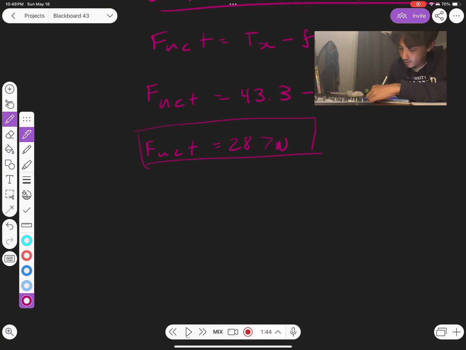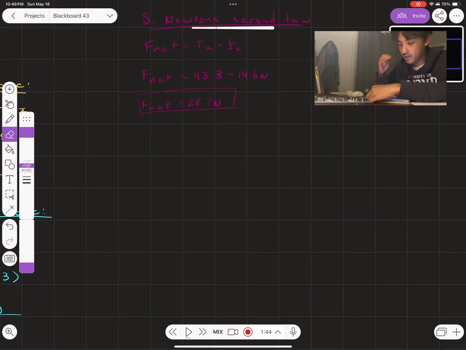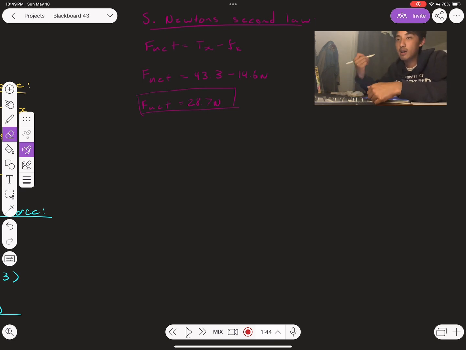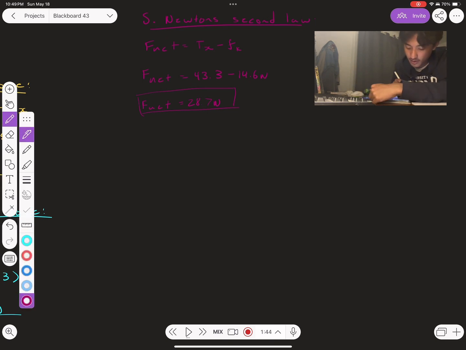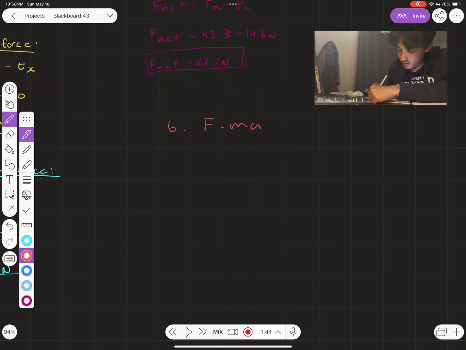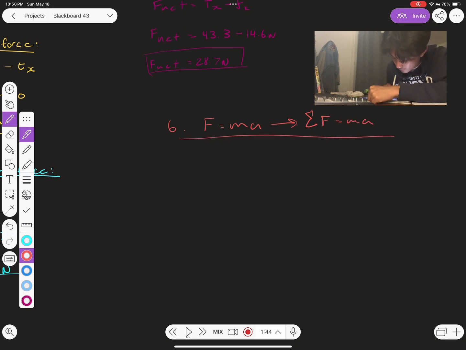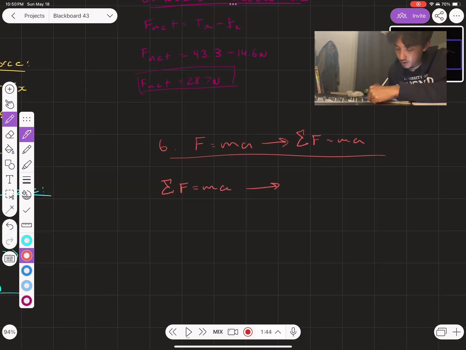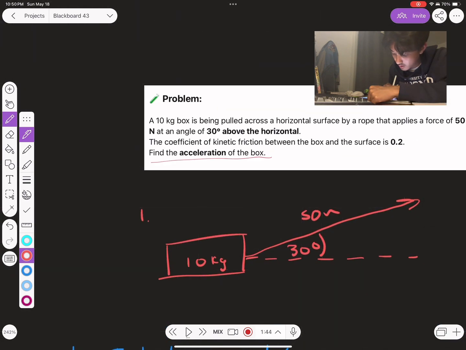Now that you have your values, from here we can calculate our acceleration, and that formula is F is equal to ma, net force is equal to mass times acceleration. But in this question, we're trying to look for the acceleration of the box.